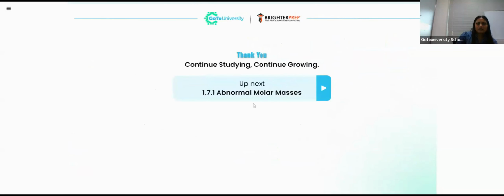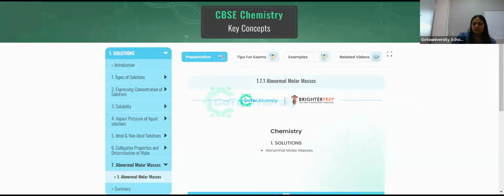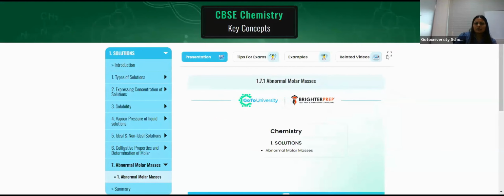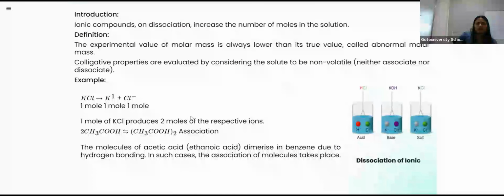And the last topic we discussed was abnormal molar mass, right? Where the experimental value of molar mass comes out lower than its true molecular mass, that is abnormal molar mass.